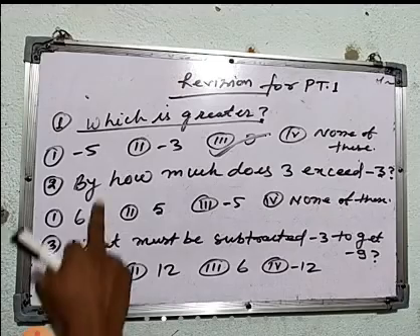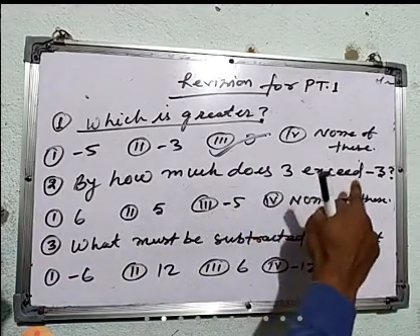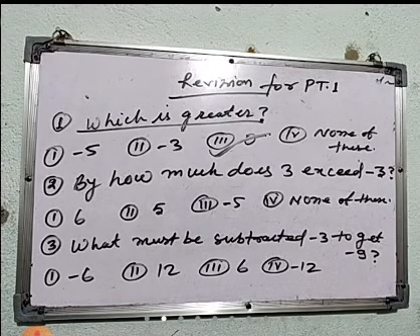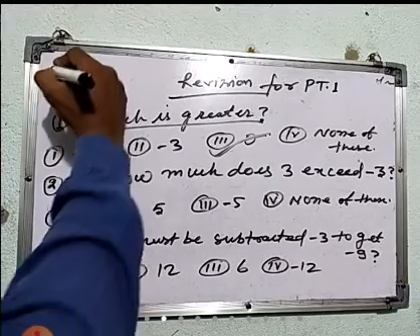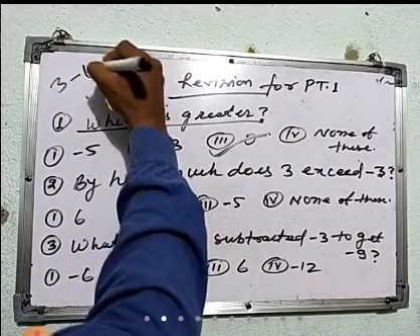Next question, by how much does 3 exceed -3? So first you write 3 minus -3.